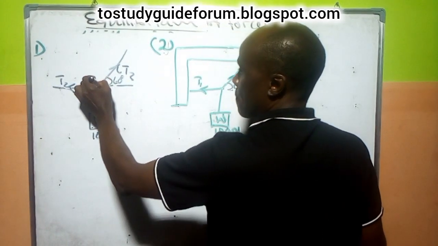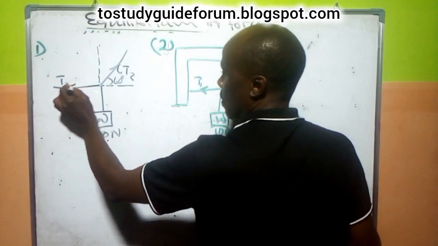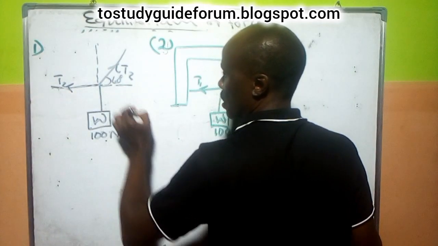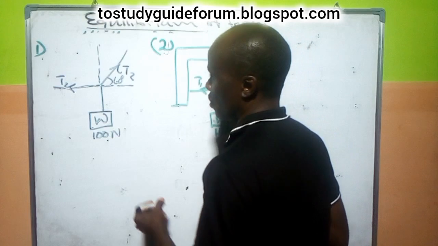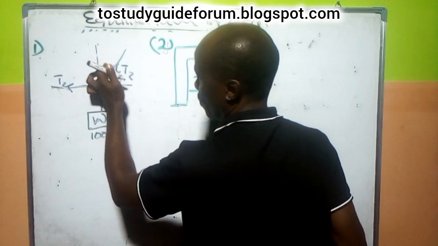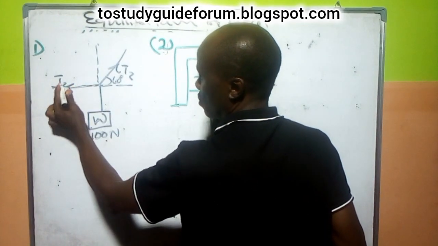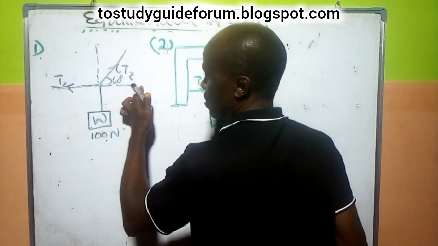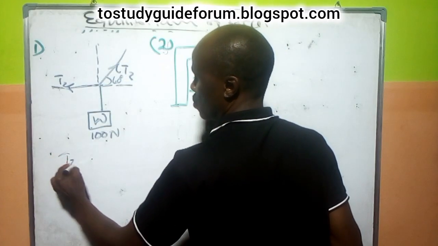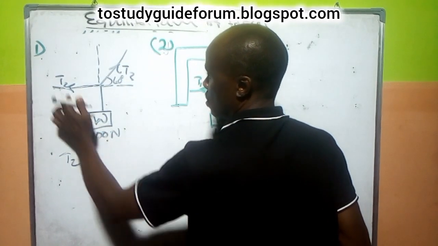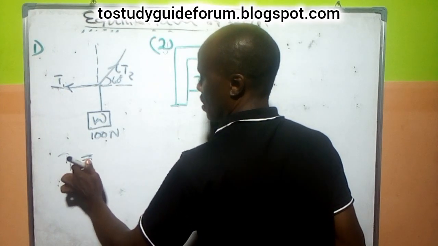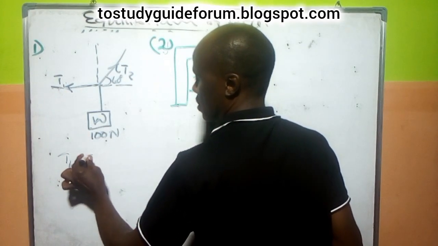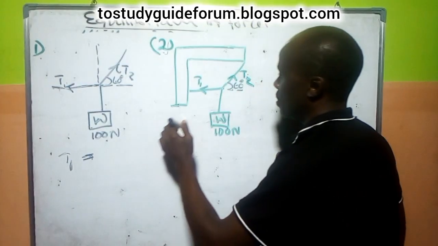So if I am to make a Cartesian plane around it to get the horizontal and vertical forces, the horizontal force here is T1, and this other one we have is T2. Okay, this is T1.